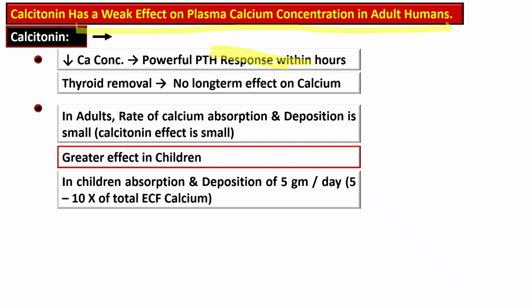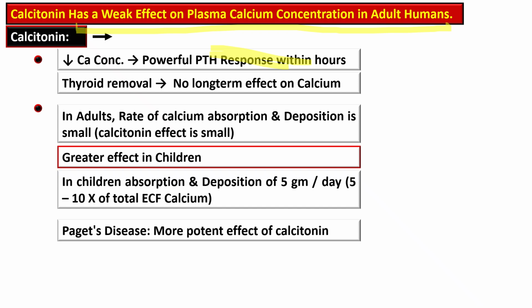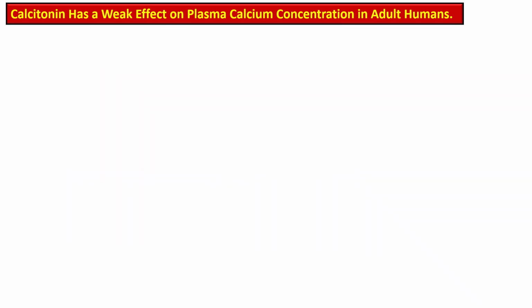So the net calcium shift is minimal, and in children there is rapid growth of the bone and remodeling, and the daily turnover is 5 to 10 times higher than in adults. So calcitonin effectively dampens the osteoclastic activity, and it is more effective in diseases with high bone turnover, such as Paget's disease.